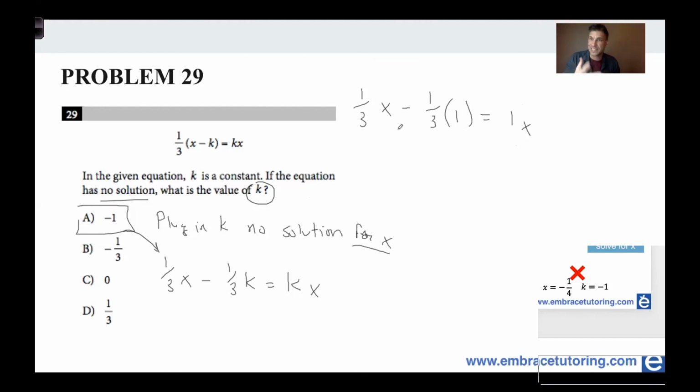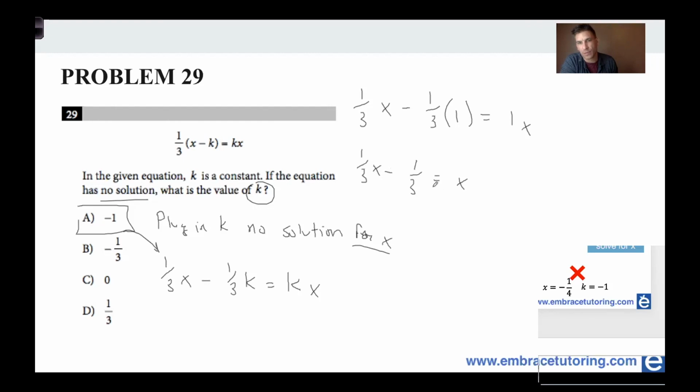Now, I can add and subtract. What you're going to end up seeing is you're going to be able to solve for x. And because I can solve for x, that means there's a solution. So this value will not work for k, because I'm looking for an instance where these things won't equal. So I bring this x over here.